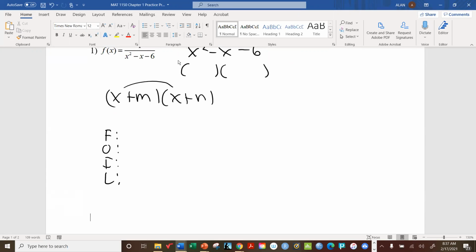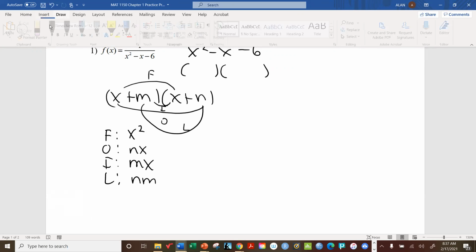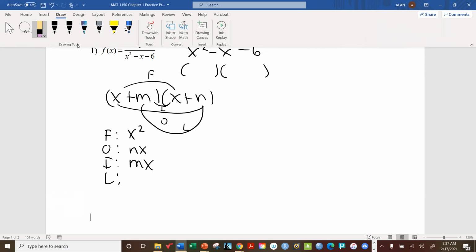This would be your first: x squared. Outer is here. Inner would be these two: m times x. And last would be these two: nm. Or actually, let's do it in alphabetical order, not that it really matters: mn.